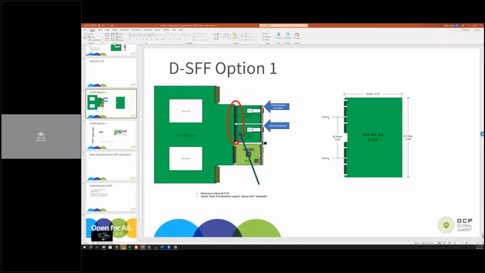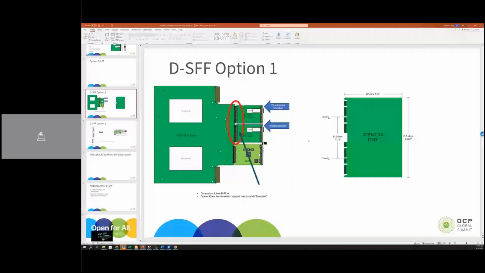For this, I think probably the vendor can answer. The problem is the real estate that you will gain from this creative idea may be difficult to harvest. If I need more room on my board, let's put the 32 lanes aside.